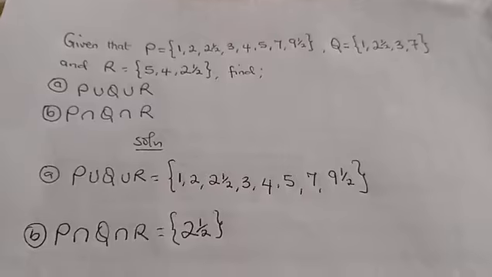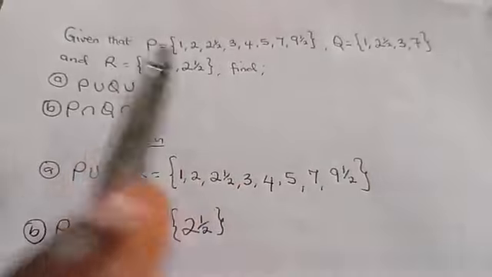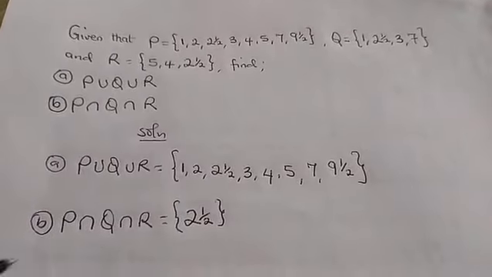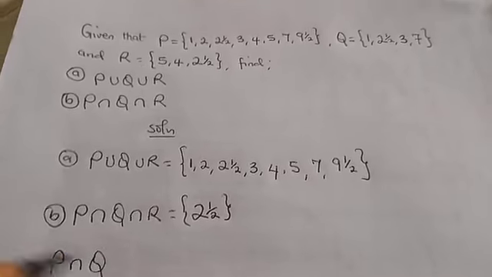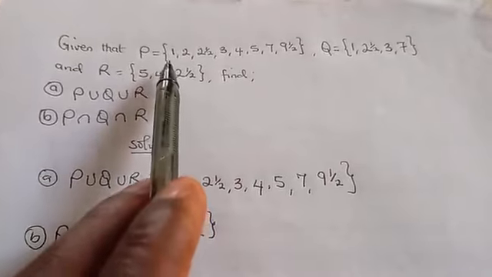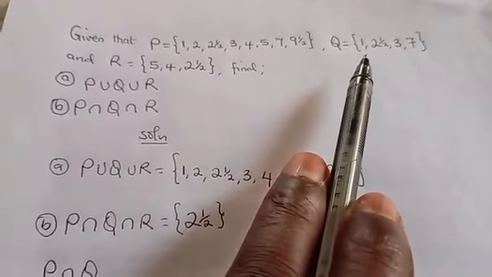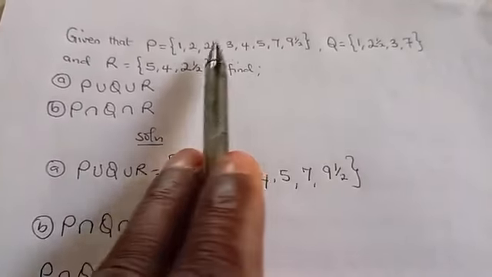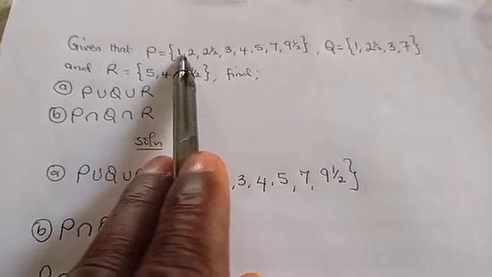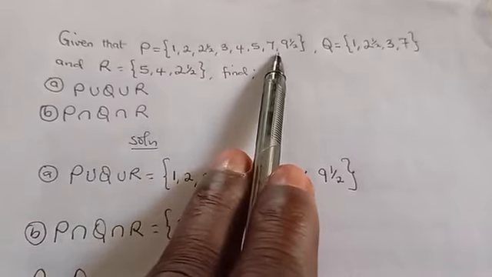In that case, you check between the 2 subsets that they are asking you to find per time, like P intersecting Q. That will be the elements you can see in P and are also in Q. And obviously, all the elements you are seeing in set Q are also here in set P, like 1, 2.5, 3, and 7.